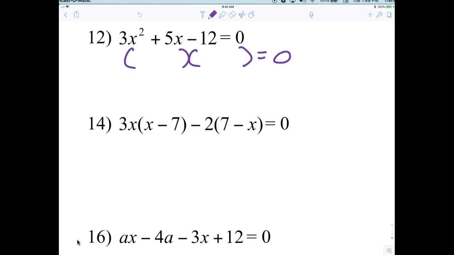All right. What does that factor to? Go. Hold on a minute. And then what? Or sorry, X. Is that correct? Yes. Everybody good with that?